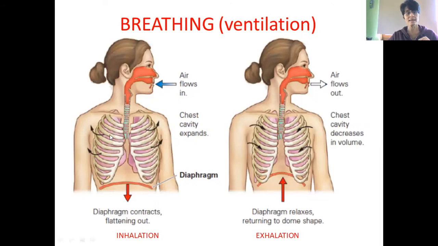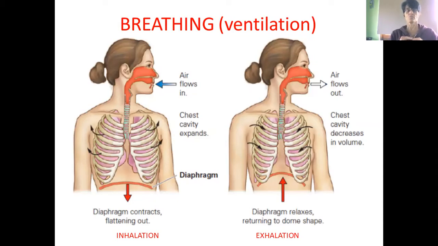If you look over here, there was more space for the lungs to expand or inflate, and here now there is less space. The volume is smaller, so air is going to be pushed out of your lungs. So just to mention again, the lungs are not made of muscle. It's the action of the rib muscles pushing the rib cage in and the diaphragm moving up.